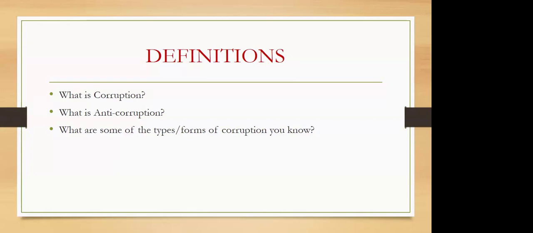Do we know it? When it happens to us, can we identify it? Or do we think that we are doing other people a favor, or they are doing us a favor, yet in actual sense we are betraying public trust? Any volunteer to define for us corruption?